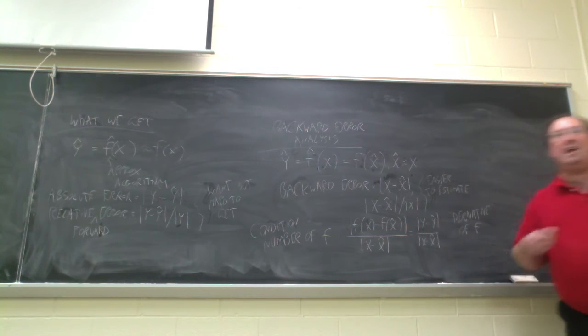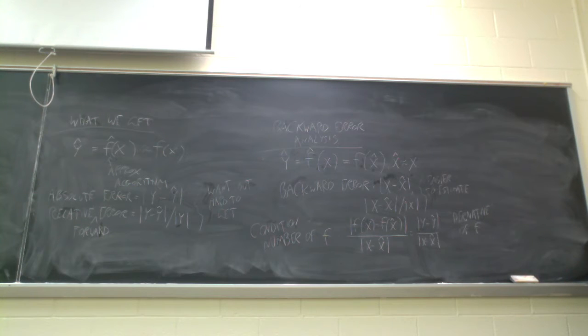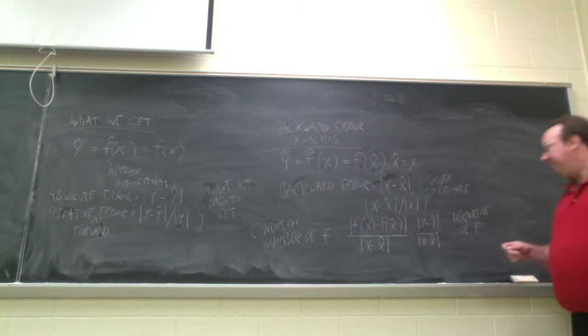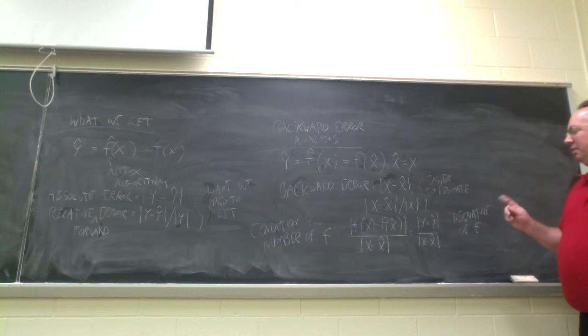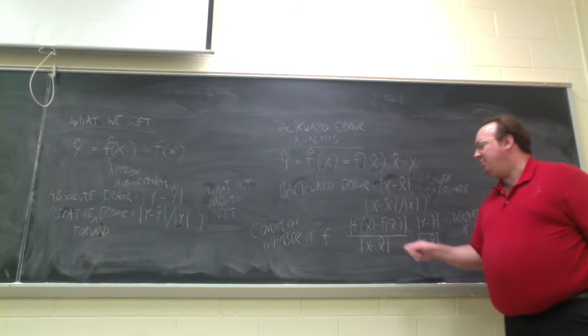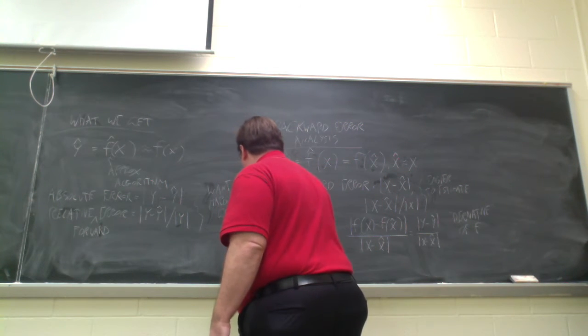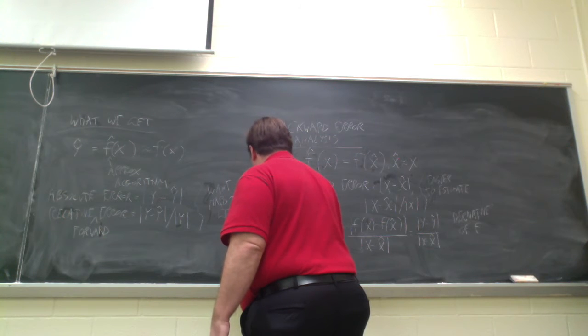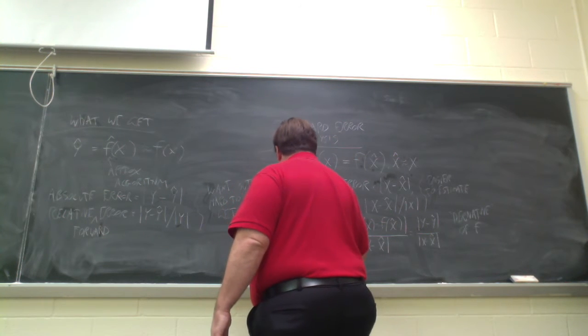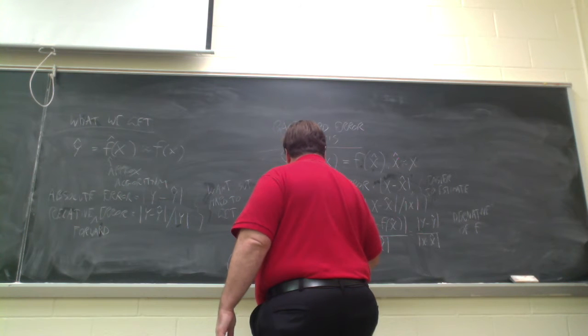It's a derivative of f, except f refers to an algorithm. It seems kind of weird to take a derivative of an algorithm, but depending on the problem you're solving, like the first one we're going to look at, finding roots, there actually is a way to describe it, which I'll get to shortly. One important thing to point out is that because we're making this assumption from backward error analysis, the condition number is a property of the problem you are trying to solve, not the algorithm you're using to approximately solve it.